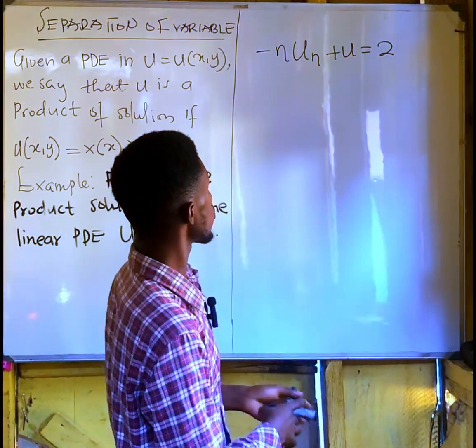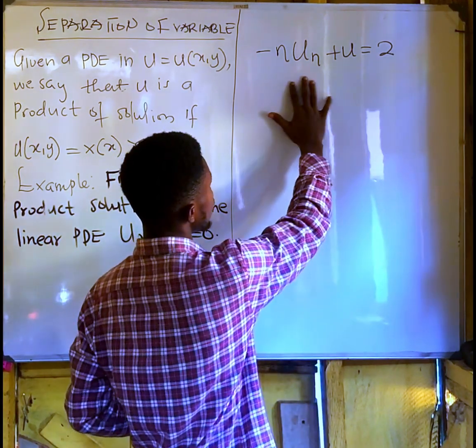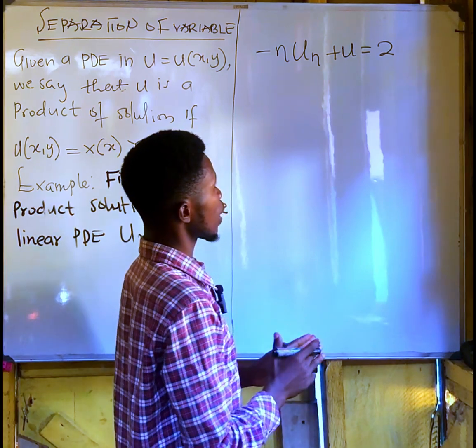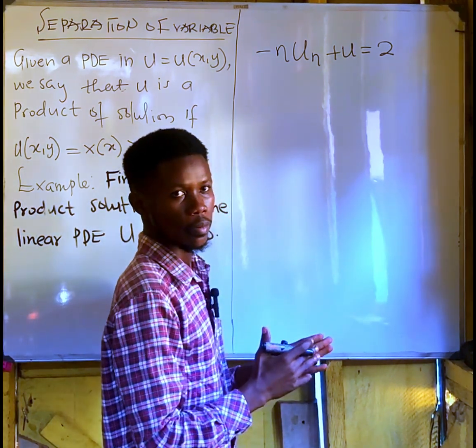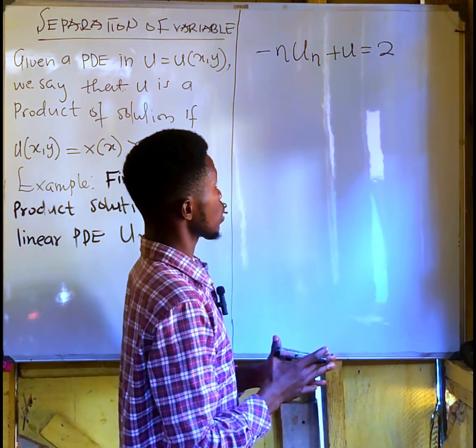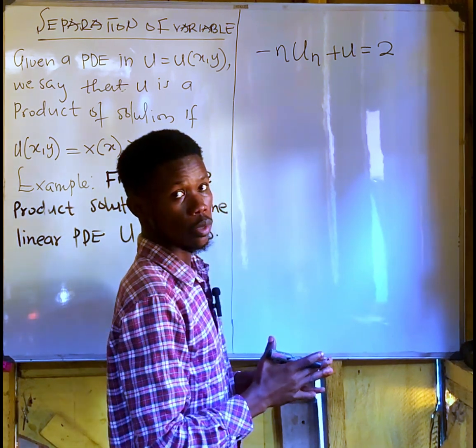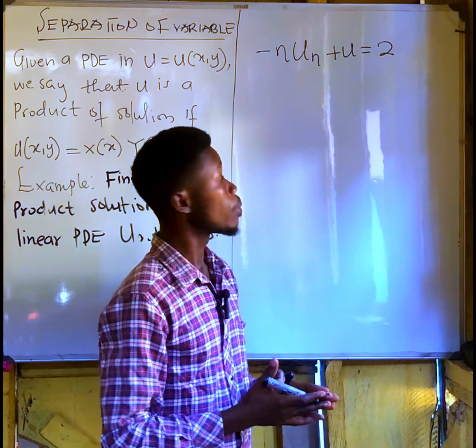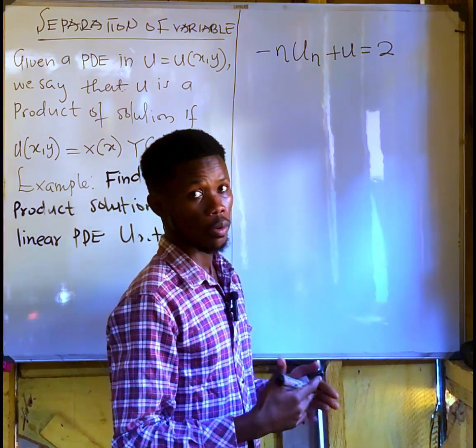Okay. So if you want to solve this, it is giving us a non-homogeneous equation, and for it to be non-homogeneous, you can use the undetermined coefficient or the integrating factor, any one of them.